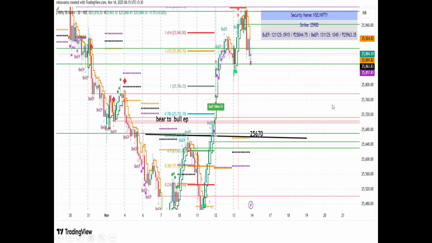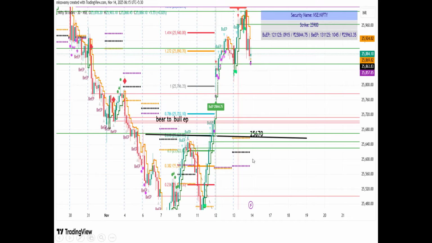In this example, this is the Nifty chart. You can see the market was coming down, bear EP, bear EP, bear EP. These are all EP clusters. Simultaneously, these three dotted lines are the CPR levels.